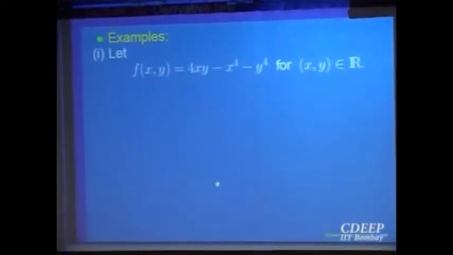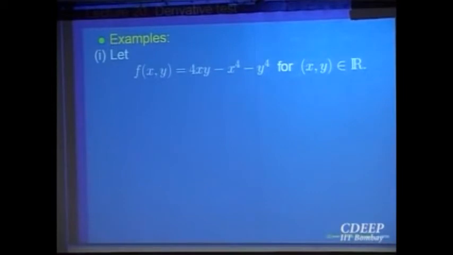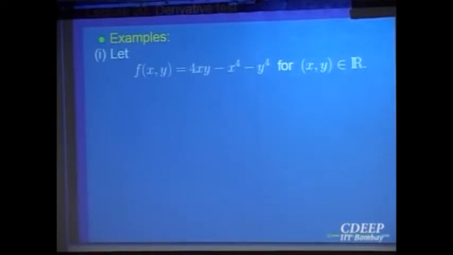So let us look at the function f(x,y) equal to 4xy minus x^4 minus y^4 for x, y belonging to R. What should be your first step? You want to analyze this function for points of local maxima and saddle points. Like in one variable, first find the critical points. The function is defined everywhere, so no question of boundaries.